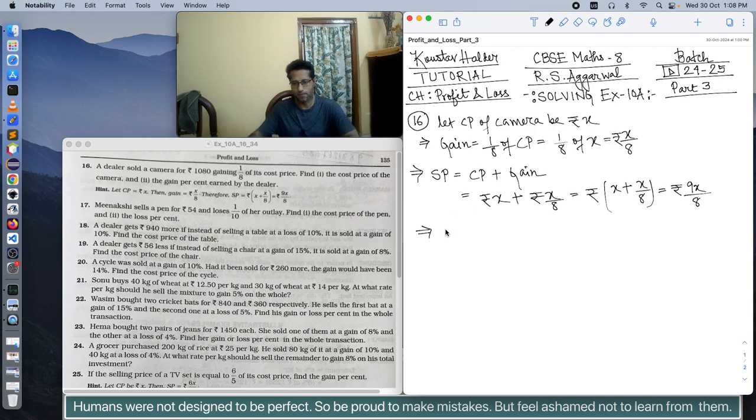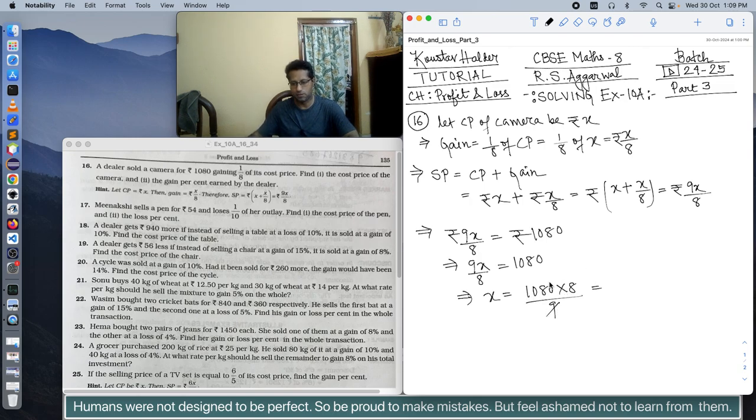So we can say that rupees 9X by 8 is equal to rupees 1080. Hence from this we can say that 9X by 8 is equal to 1080. This implies X is equal to 1080 multiplied by 8 divided by 9, this much rupees.